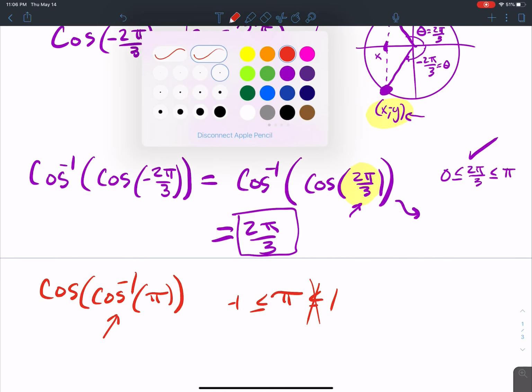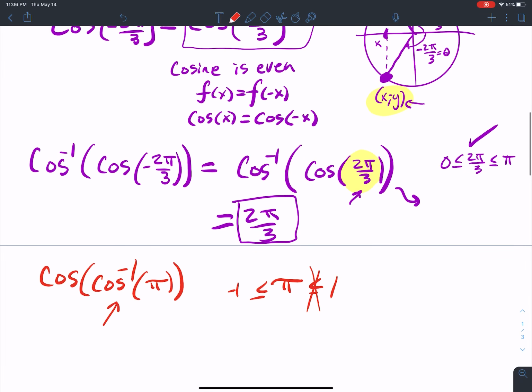So this fails. So this is actually undefined. So we can't do anything with that. Pi is not in the interval between negative 1 and 1. It's not in the domain of the inverse cosine function. So we can't go anywhere else from there.